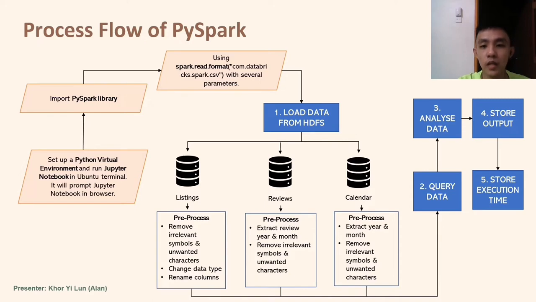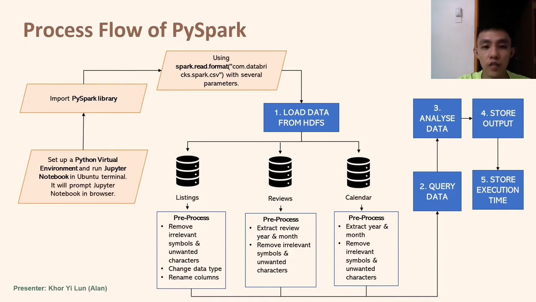Before we run any data query and analysis, we need to install Python and set up a Python virtual environment on our Ubuntu terminal. We will also need to install and run the Jupyter Notebook, and it will prompt the Jupyter Notebook in the browser. After this, we can start to install and import the PySpark library so that we can use the PySpark functions.